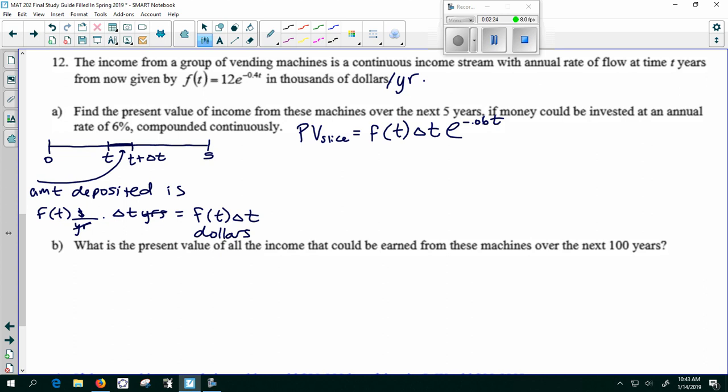That's the present value formula for an amount of money, and our amount is f of t delta t dollars. Then I add up all my slices, so the total present value is the sum of 12e to the negative 0.4t times e to the negative 0.06t delta t. I put the delta t at the end as a convention.